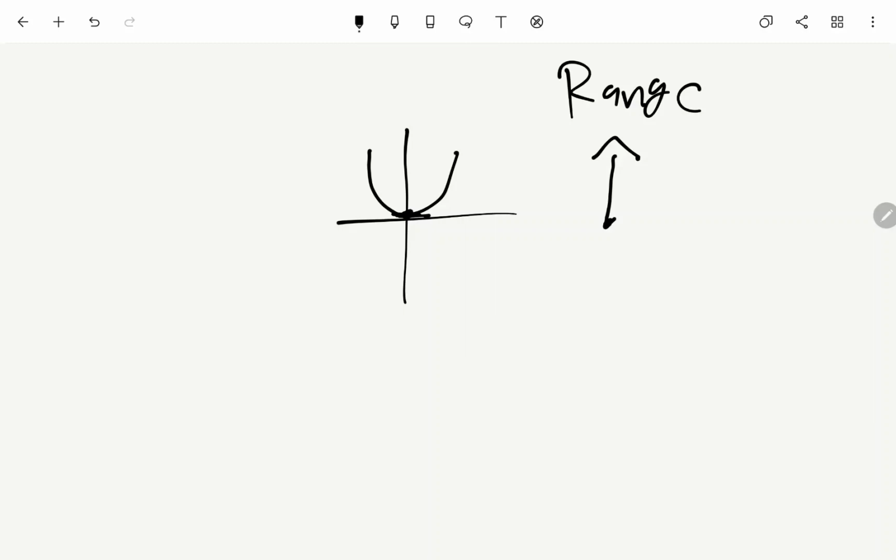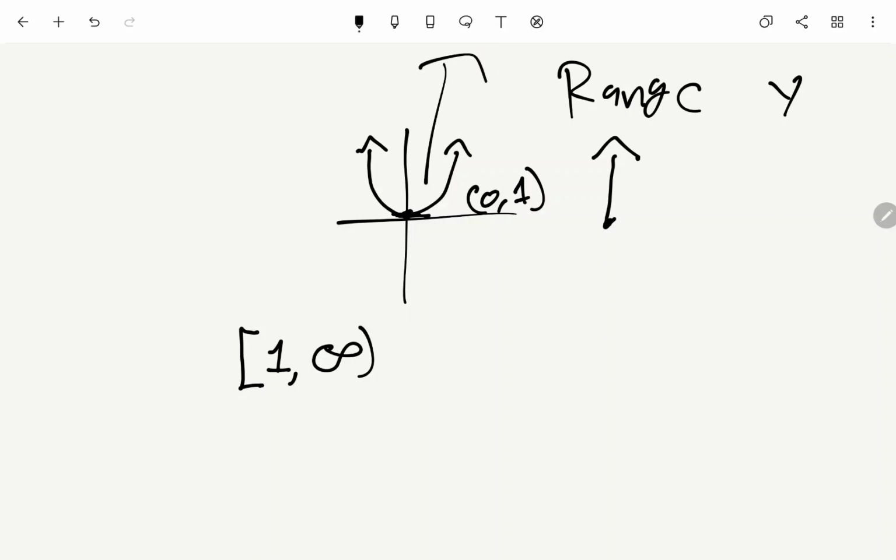So if this point is 0,1, the range is y. So the range will be bracket 1, infinity, because it's infinite numbers to up.